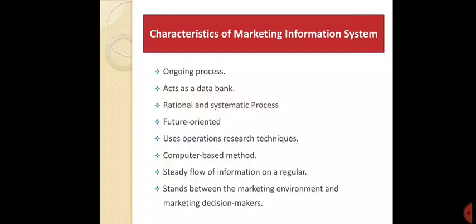Next, MIS is basically future oriented. It anticipates and prevents problems as well as solves marketing problems, and it is both a preventive as well as curative process in marketing because it prevents problems and provides solutions for the same problem.